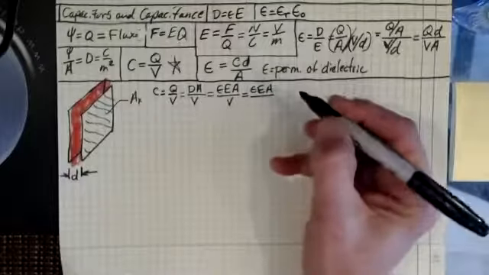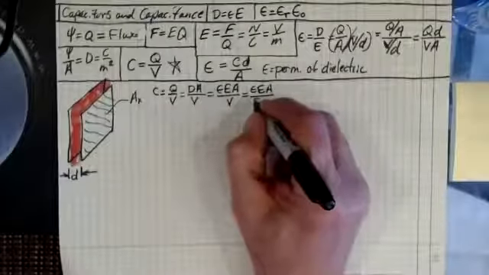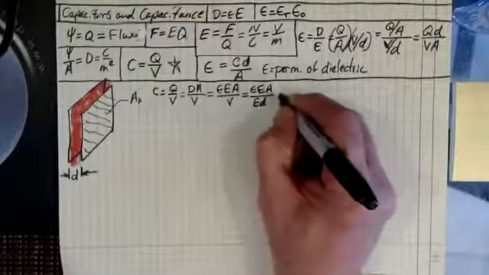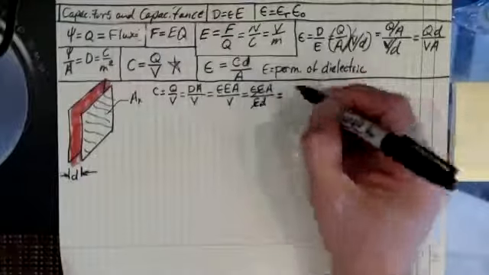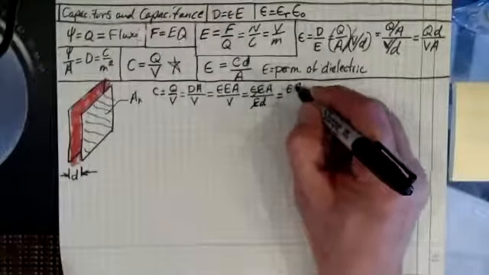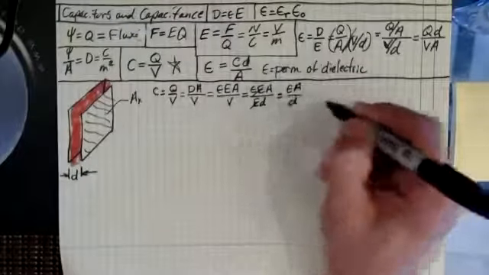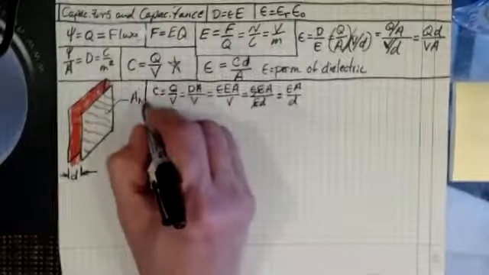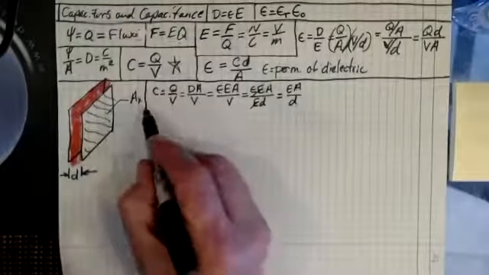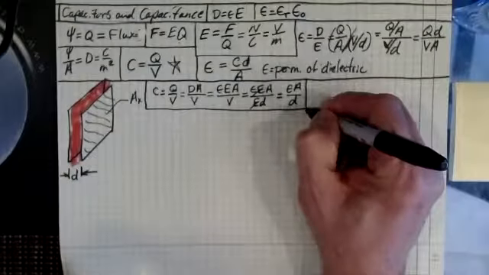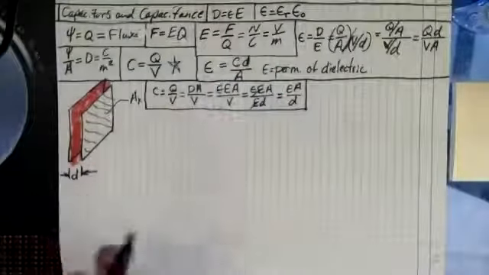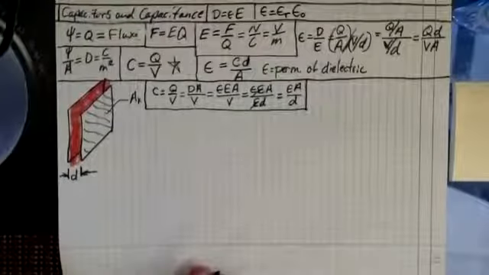And what's V? V is E times D. So the E's cancel out, and I get epsilon times A over D. Basically the same relationship, but coming at it from different angles using the base equations I've got up there.